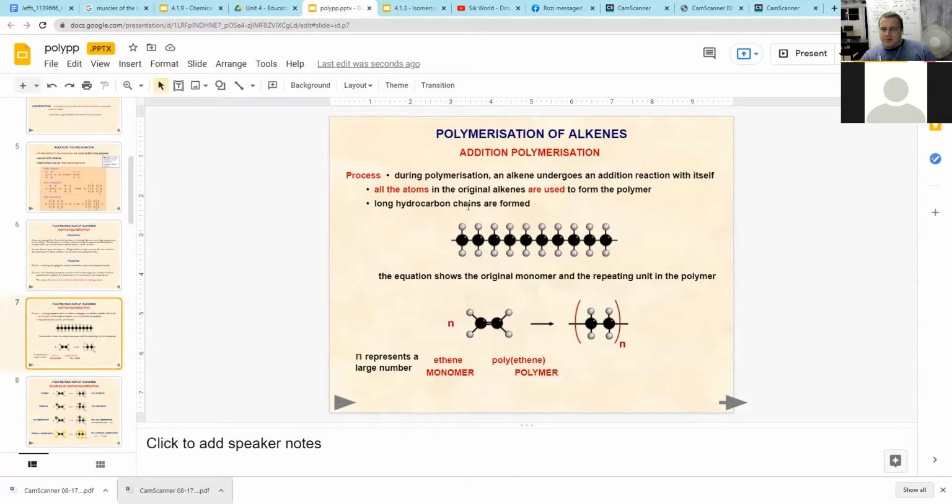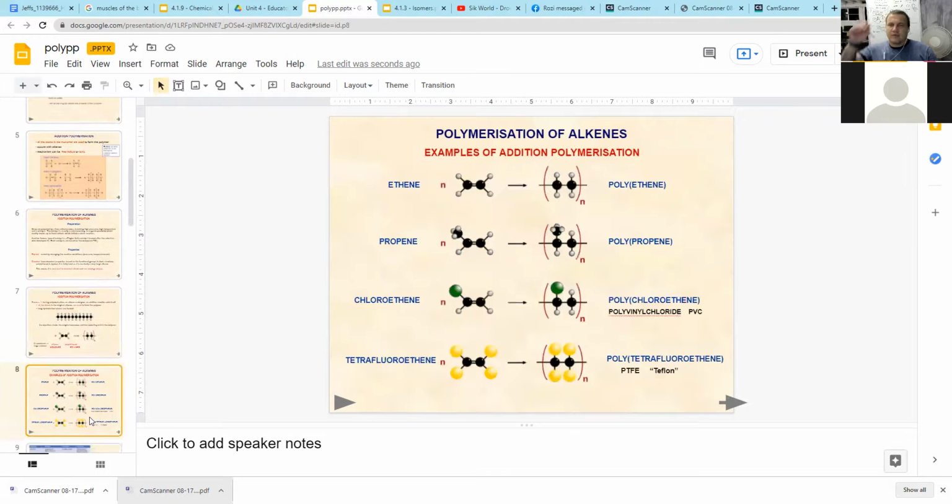So we start with an alkene and we end up with a massively long hydrocarbon chain. Ethene, propene, chloroethene, it is exactly the same thing.